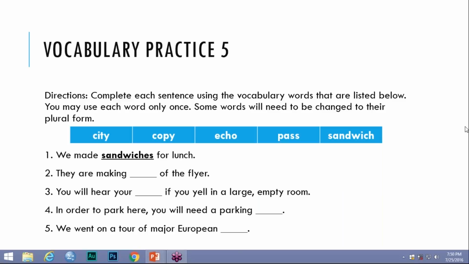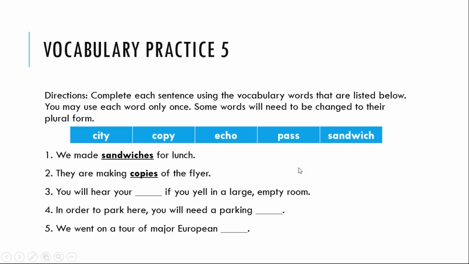Anybody else? Okay, two. There we go. Yes, correct. That is right. Oh, three. No, no, I had three answers there. Good. They are making copies of the flyer. Yeah, copies. Plural. Very good putting the plural, by the way, guys. Excellent work. All right, here we go.